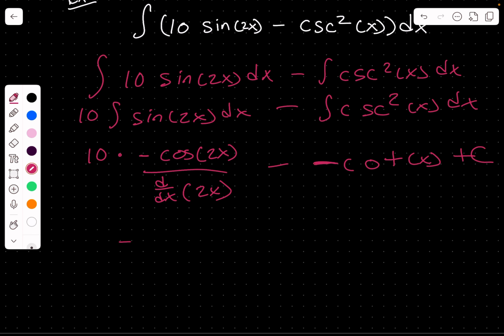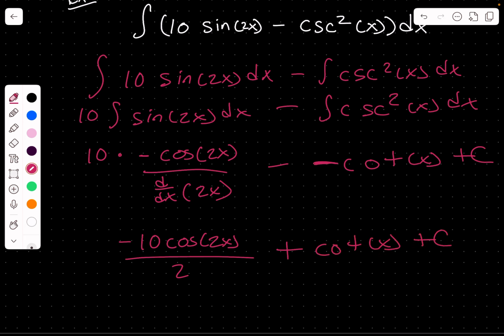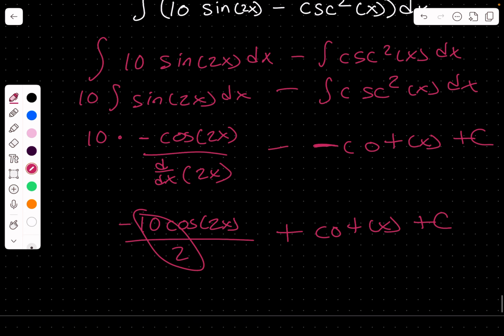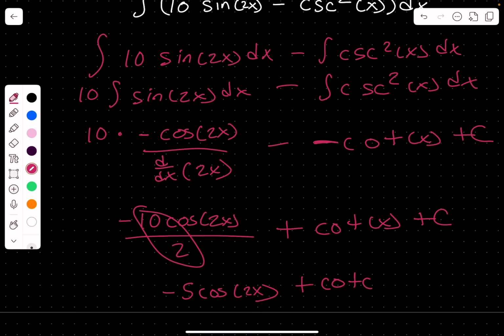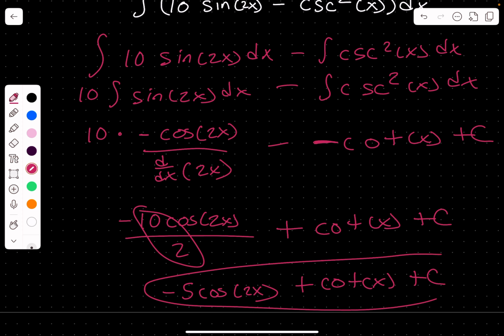So we have negative 10 cosine of 2x over 2, because the derivative of 2x is 2, plus, because again, two negatives give you a positive, so plus cotangent of x plus c. This is going to simplify to negative 5 cosine of 2x plus cotangent of x plus c. So that would be our answer.